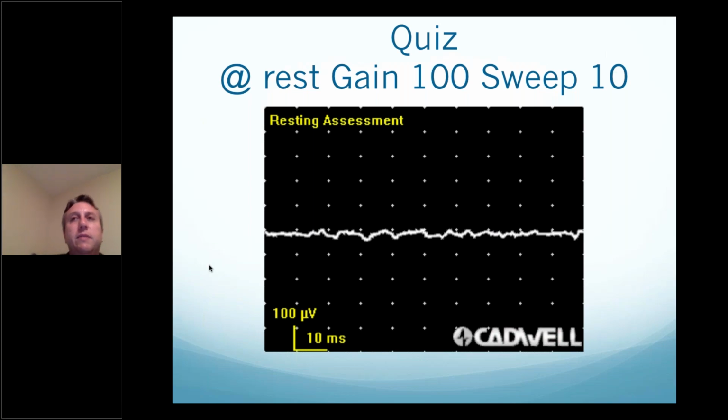So you can kind of call it either way. It didn't truly last all the way, but it did last a little bit longer than the previous one did. So you could kind of argue, and this is where EMG gets a little bit subjective, between is it just increased insertional activity, or is it 1 plus fibs and positive sharp waves?